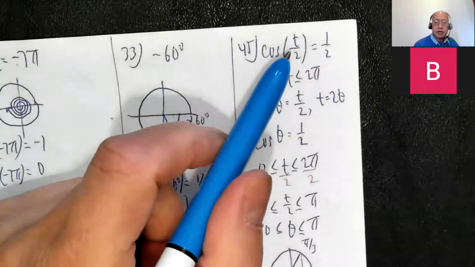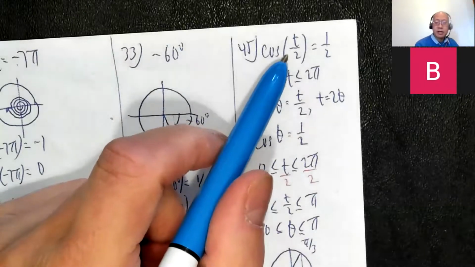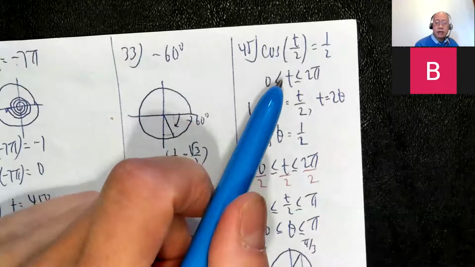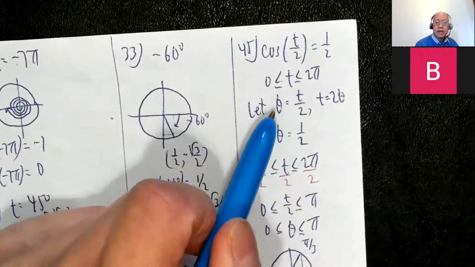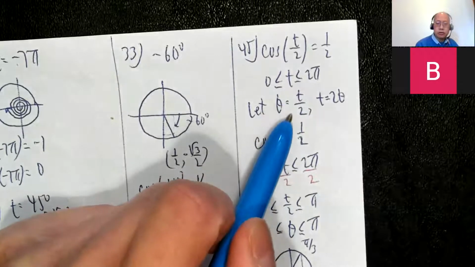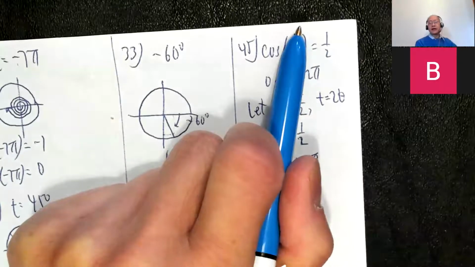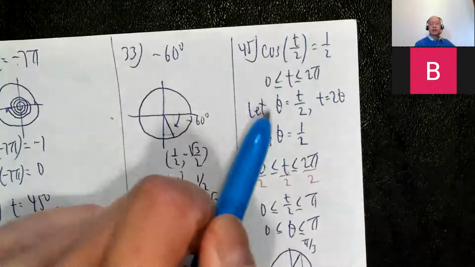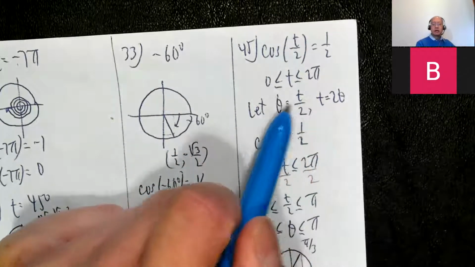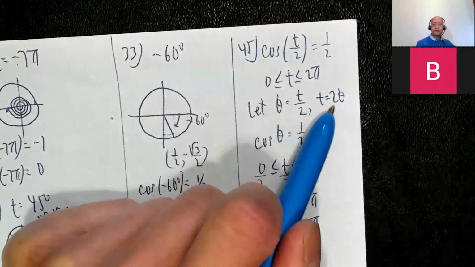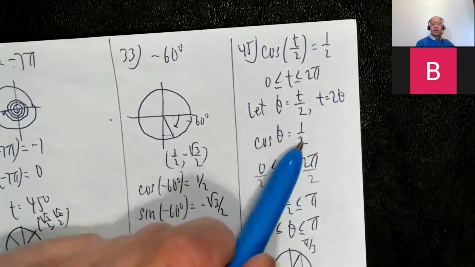I'm first going to solve it with a letter that I like, theta, and then I'll switch back to t. Now, in the direction it says t is between 0 and 2 pi. Let theta be t over 2. Okay, I'm just going to call that theta. I like just a single letter like theta. So theta is t over 2, which means t is 2 theta. If you multiply both sides by 2, I have this. And I work out this nice problem.